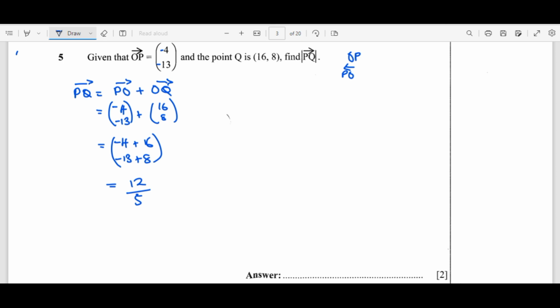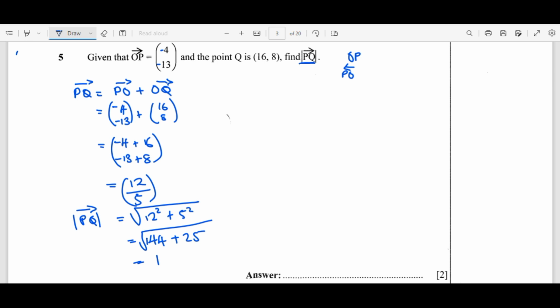When you look at this, because we want to find the magnitude, we would say PQ equals the square root of 12 squared plus negative 5 squared. So 144 plus 25, we add, it will give us 169.